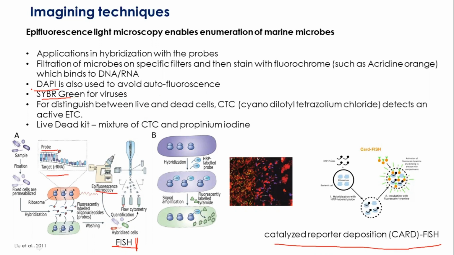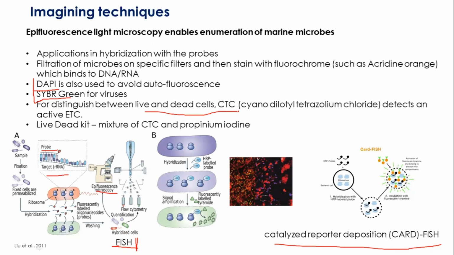So likewise, SYBR Green is exclusively utilized for the viruses, and DAPI is used for the bacteria and other plankton as well. And then there is also a possibility to check whether the cells are alive or dead in the filter.